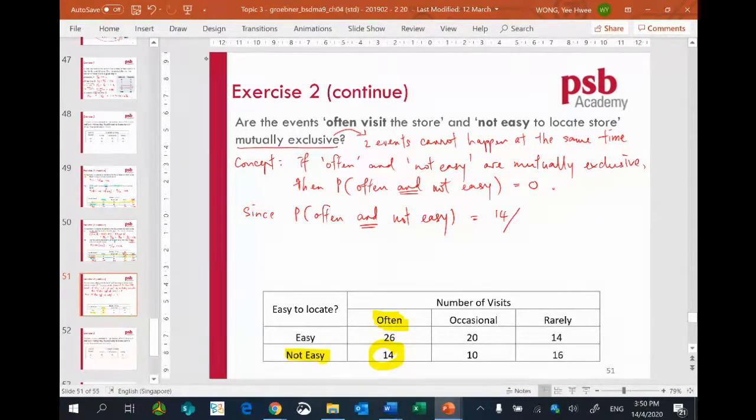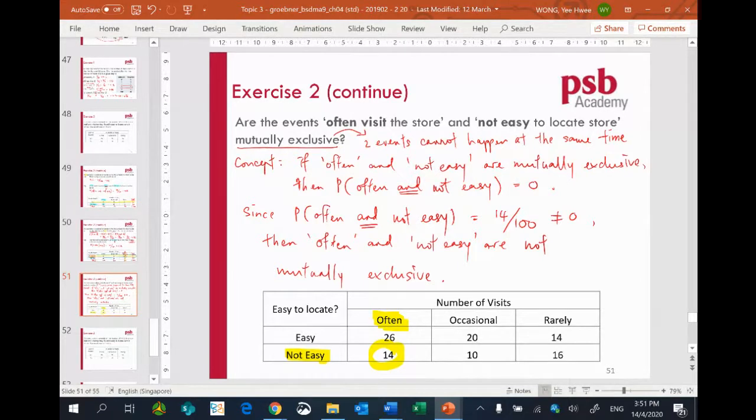It's 14 over 100. So we know as long as it's not 0, then these are not mutually exclusive.